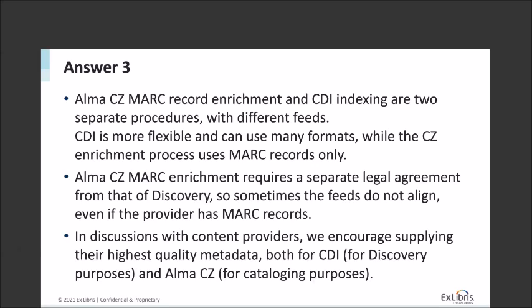As you know, for example, when it comes to books and we have overlap between the ALMA records and the CDI records, we are offering our customers a way to decide which records they prefer, if it's the ALMA or the CDI records. However, we have two different feeds here.